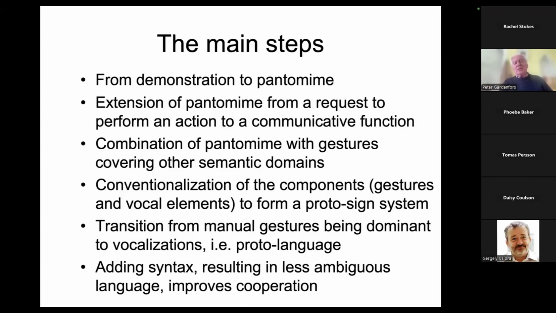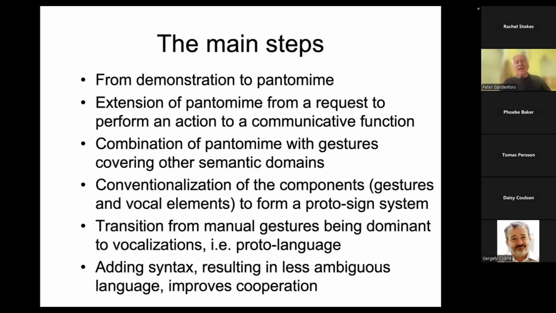So that would be basic syntax, but then of course language evolved. We needed many more types of expressions to make the communication less ambiguous. But I don't want to say very much about syntax here.